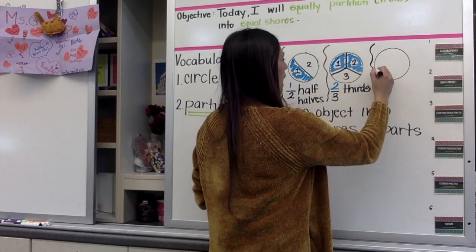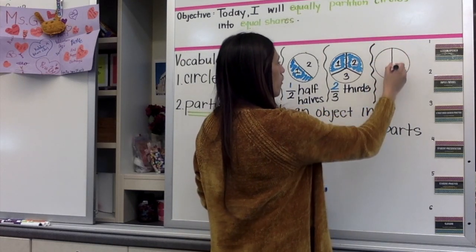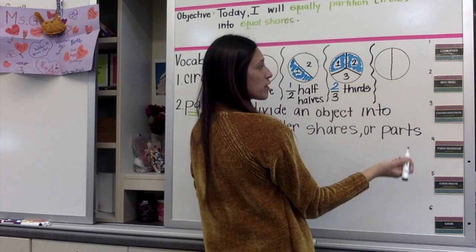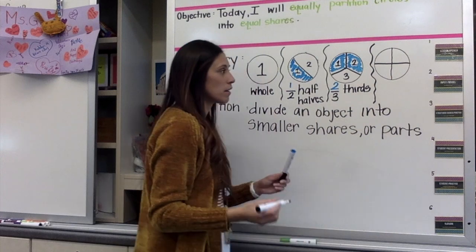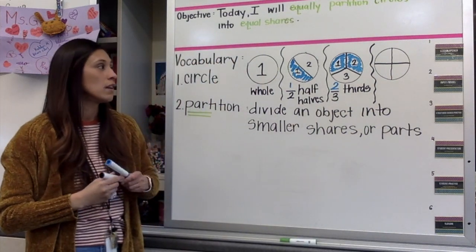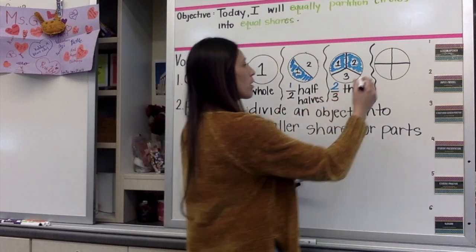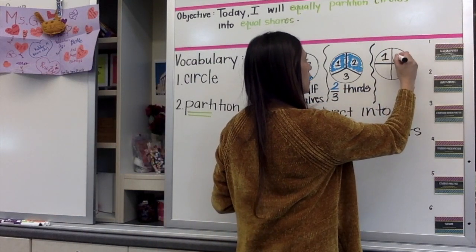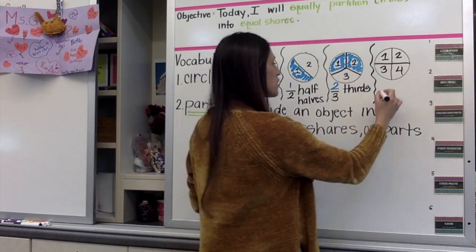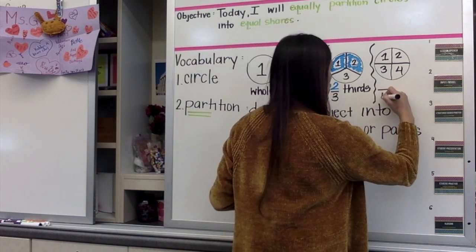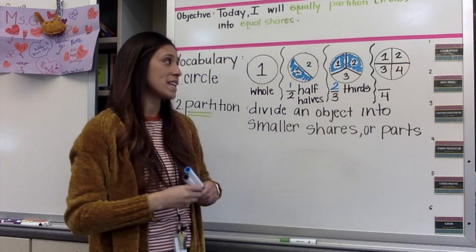And then the last one, I'm going to divide into fourths. I start by first dividing it into halves, and then I just do another line horizontally, and then I end up with fourths. So 1, 2, 3, 4. To write this fraction, 4 is our denominator because there are 4 parts all together.